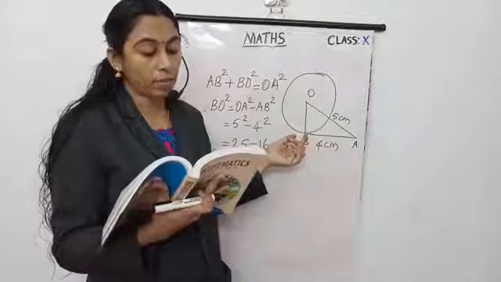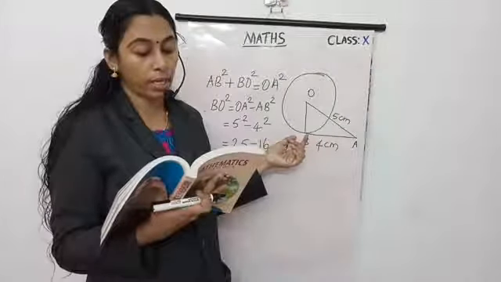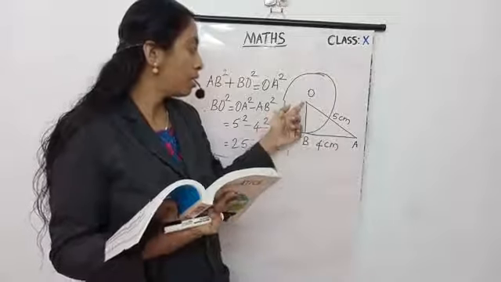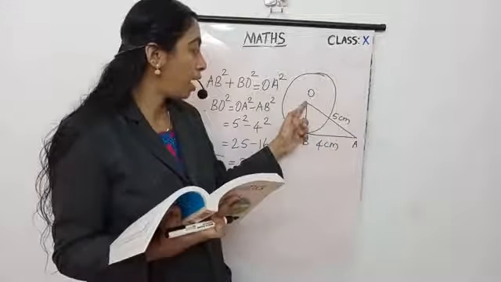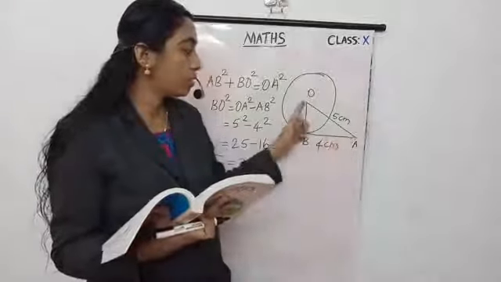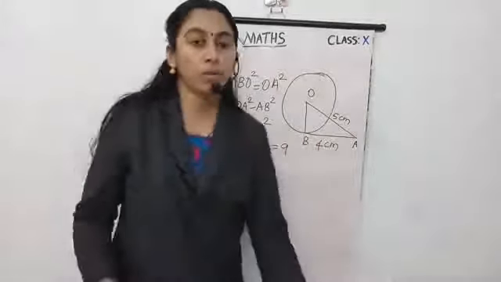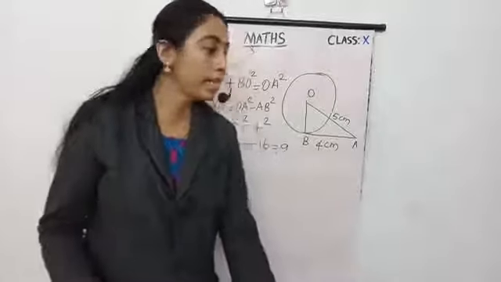That means the distance between point A and the center is 5 centimeters, and the length of the tangent is 4 centimeters. So we need to find its radius.